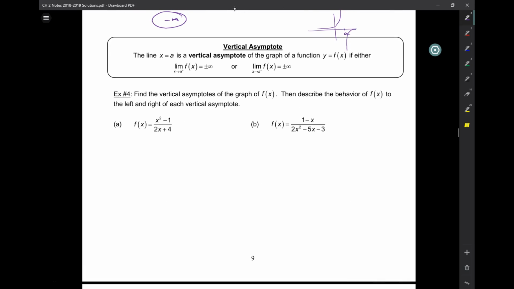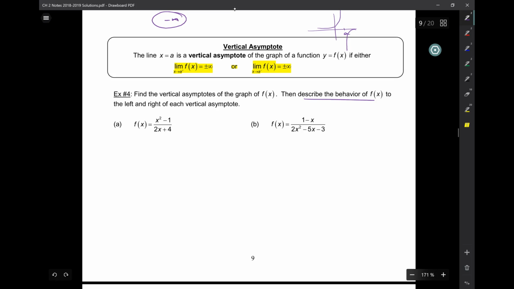Okay. So here's where we have our infinities, right? So when you have an infinite limit as x approaches a. Okay, so here it says find the vertical asymptote, then describe the behavior to the left and right of each vertical asymptote. Okay, so here's how we find the vertical asymptote. The vertical asymptote is where the denominator of the reduced function equals 0.